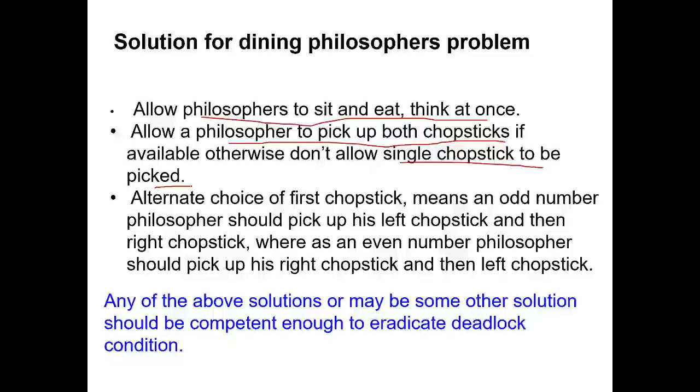That means the chopsticks have to be locked so that only when both are available are the philosophers allowed to pick them up. An alternate choice of first chopstick means an odd numbered philosopher should pick up his left chopstick and then the right chopstick, whereas an even numbered philosopher should pick up his right chopstick and then the left chopstick. Till then the chopsticks have to be locked.